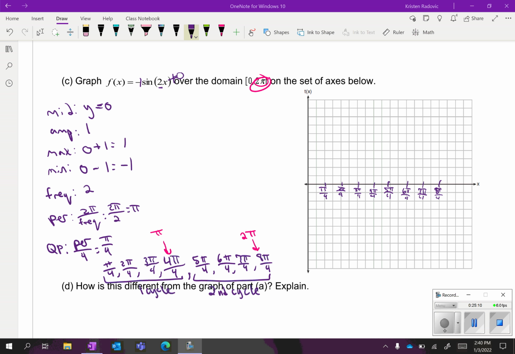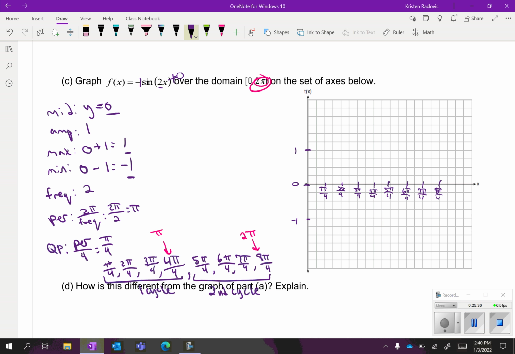From there, you also need your midline, maximum, and minimum. Now, if I did 1, 0, and -1, this graph is going to be super tiny. So instead, I'm going to spread everything out. I'm going to count up by 4 to get to 1, and down by 4 to get to -1, because I feel like it. You could count up by 3, you could count up by 8.